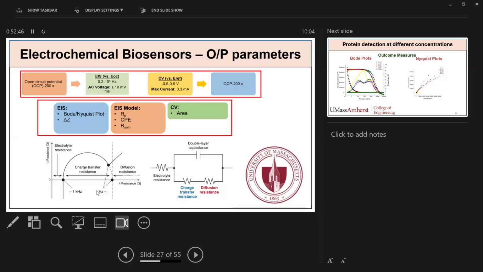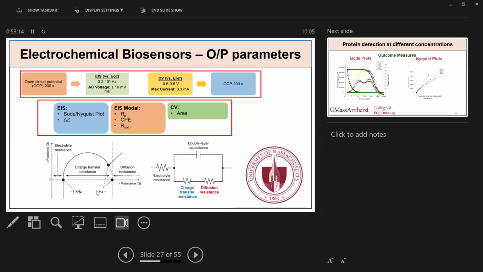For example, if there is something present on the surface of the antibody, and I am attaching the protein, either the reaction or the interaction will increase or decrease the response according to the species or biological molecules present on the surface. So this charge transfer resistance increases or decreases mainly based on the different species present.